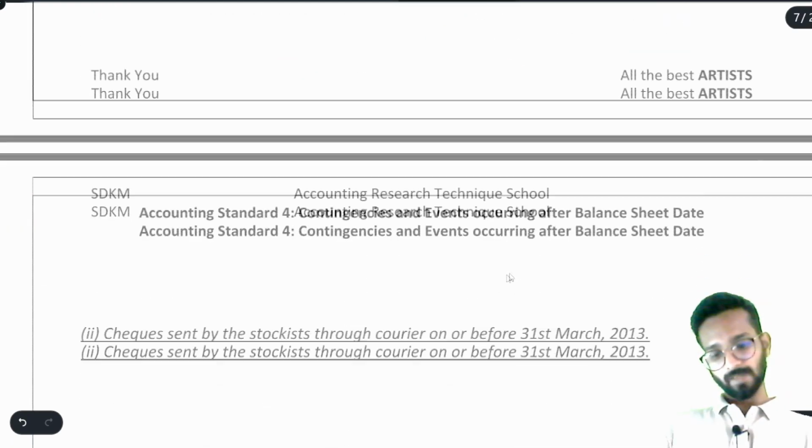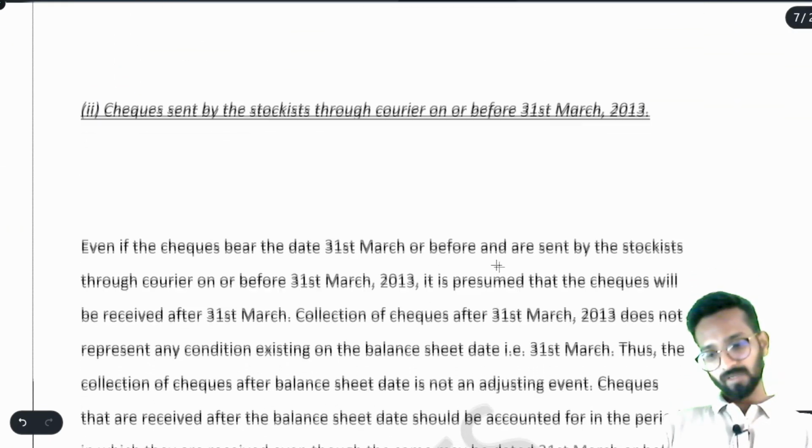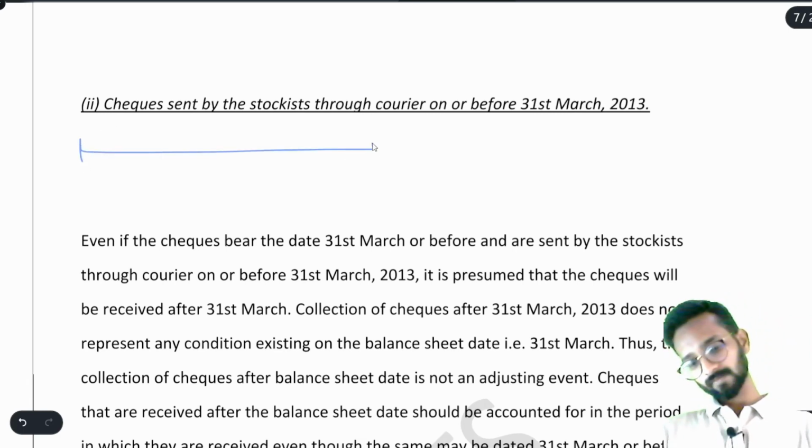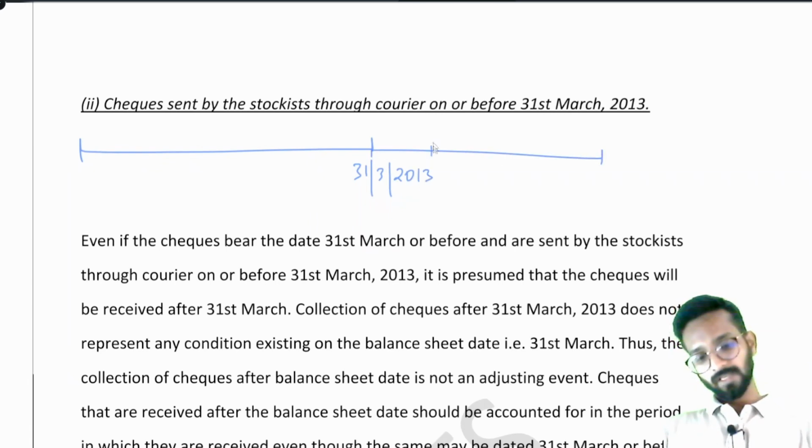Simple enough. Now, point number 2 says checks sent by the stockist through courier on or before 31st March 2013. See, 31st March 2013. In April month, we received the payment because we deposited the checks. They are saying on or before 31st March.